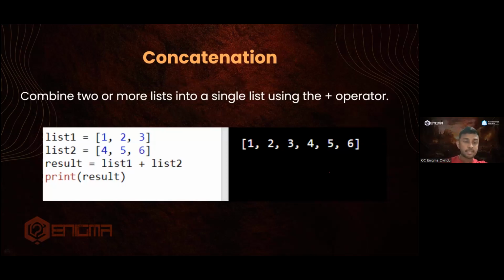So you can see this example, list 1 and list 2, and we can have a result which is list 1 plus list 2. And you can see by just using this addition operator, we can combine these lists together. Just important to note, what we do with the addition operator is not add the elements together, but instead add the two lists to each other.